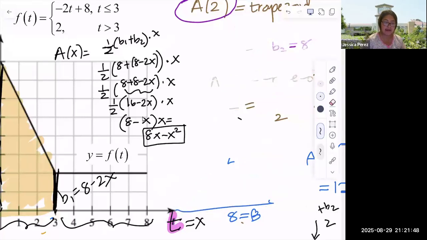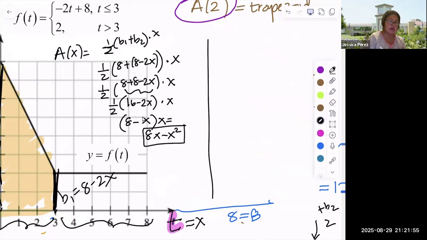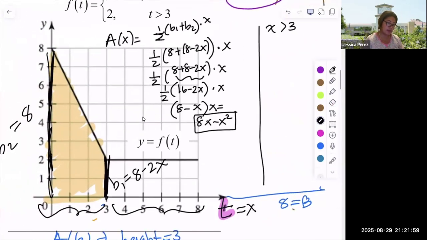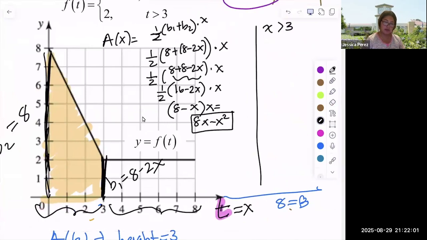Now, what happens after 3? So when x is greater than 3, you're going to have the trapezoid. Here this value is 8 minus 2x.